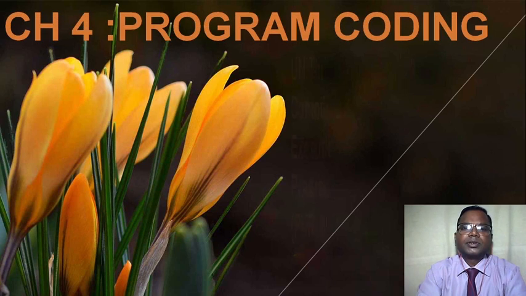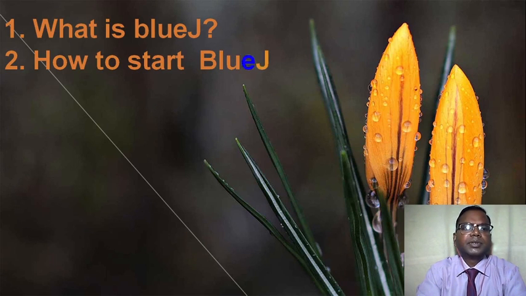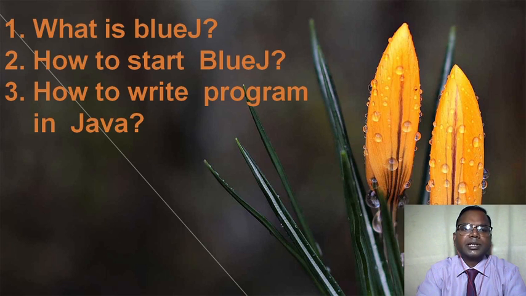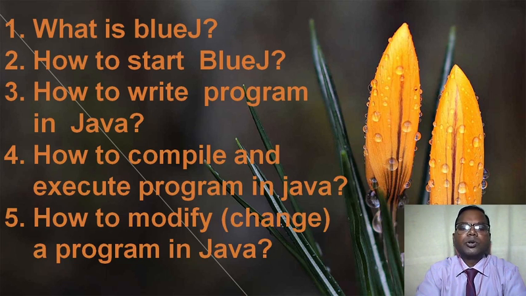What I am going to show you today is what BlueJ is, how to start BlueJ, how to write programs in Java, how to compile and execute a program in Java, and how to modify or change a program in Java. I hope at the end of this video session you will be able to start BlueJ, write a program, compile and execute a program, and modify a program in Java.